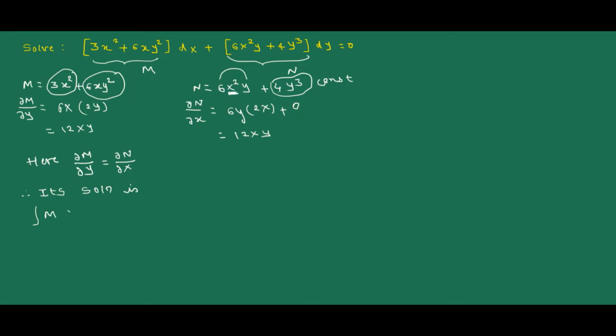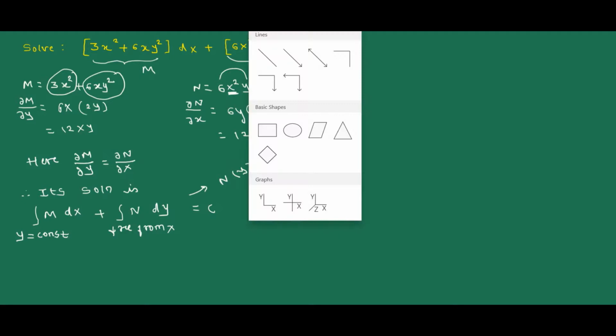Integration of M dx treating y as constant plus integration of N dy that is free from x is equal to c. Or briefly, you can also write it as N of y, meaning the term containing y only.